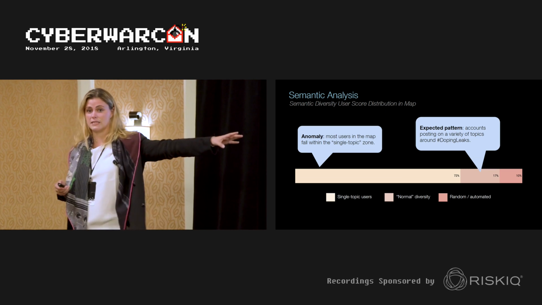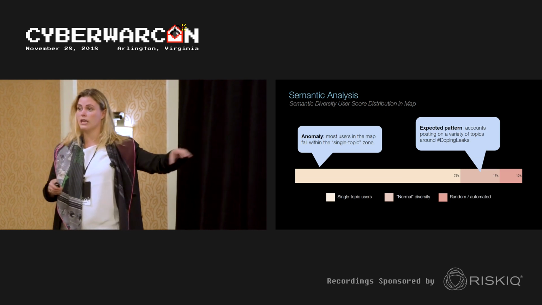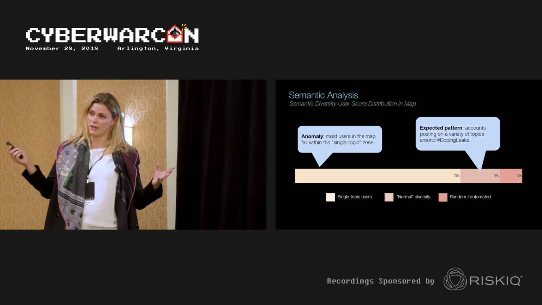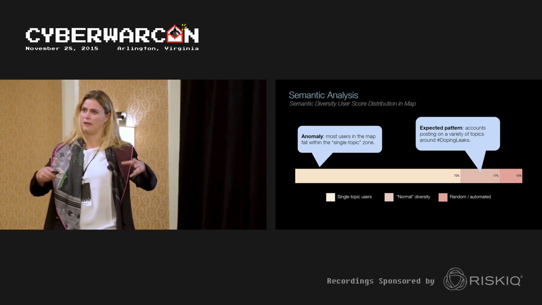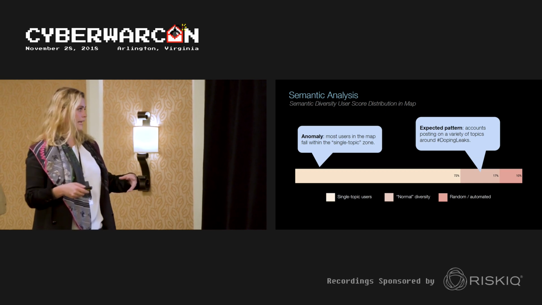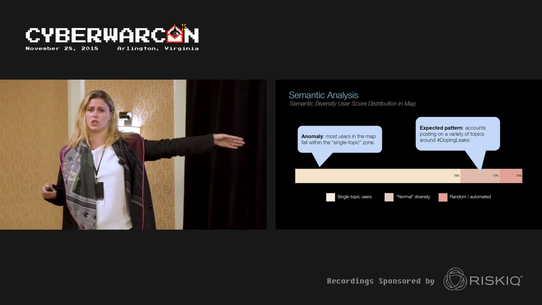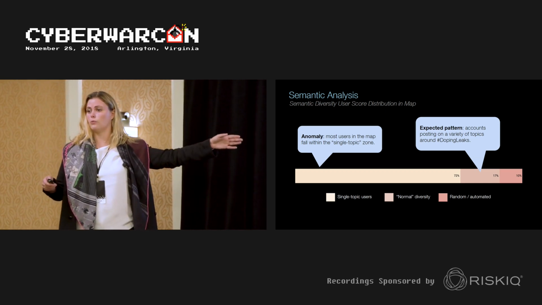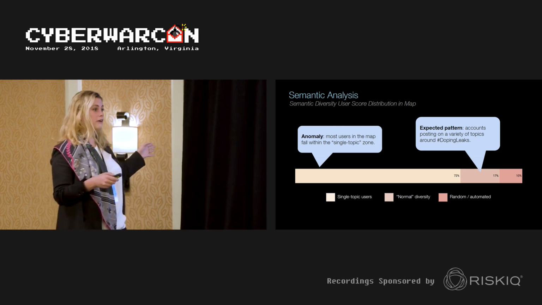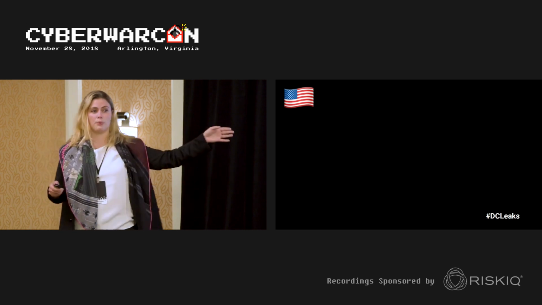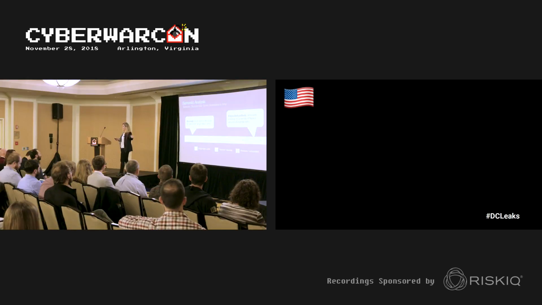On the other side is the other abnormal behavior, completely random topics. This is generally characteristic of spam just because they tend to grab everything that is peaking. And so the human range is generally the middle. What you would expect is to find most of your participants in the human range. Here, as you can see, we have a huge proportion of single topic accounts, which is also a network oddity.